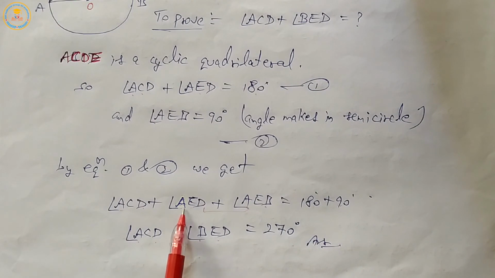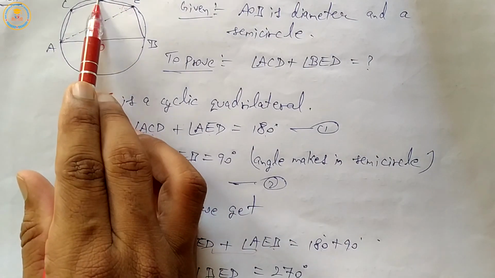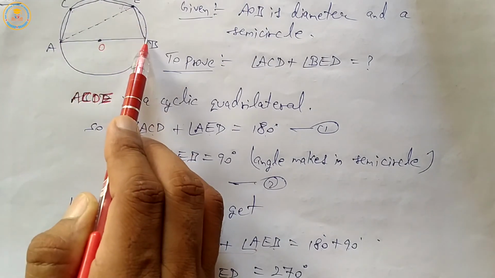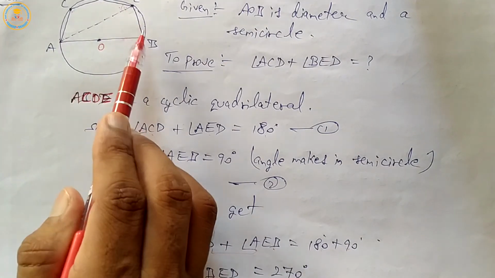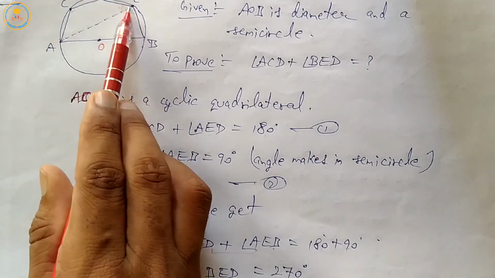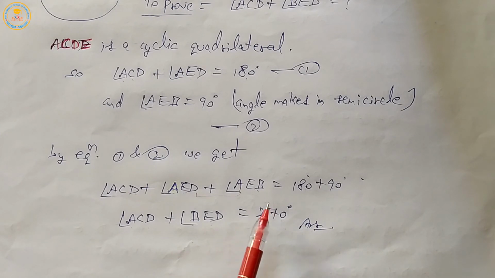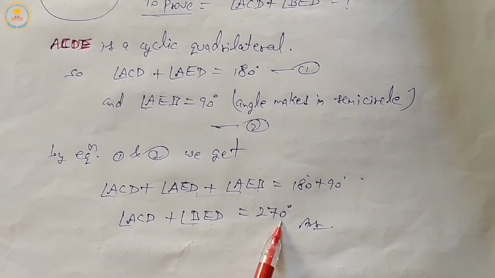ACD as it is, AED plus AEB means DEB or BED, this complete angle. So BED equals 180 plus 90 equals 270.